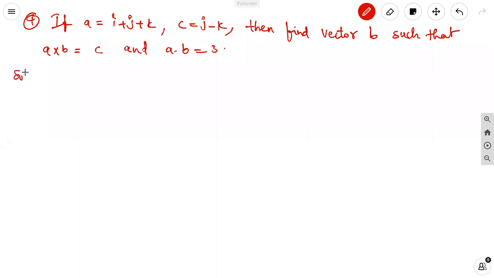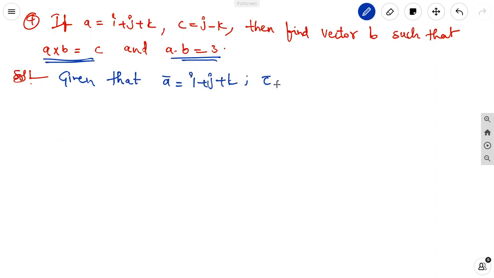Fourth problem: they have given the A and C vectors. We can find out the B vector if they have given the relation A cross B equals C, A dot B equals 3. First, we take what they have given. A vector is i plus j plus k, C equals j minus k.